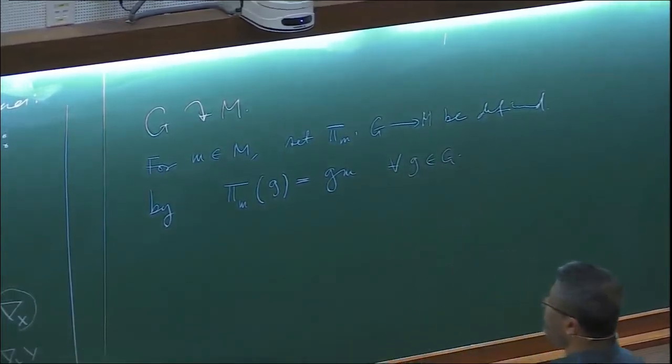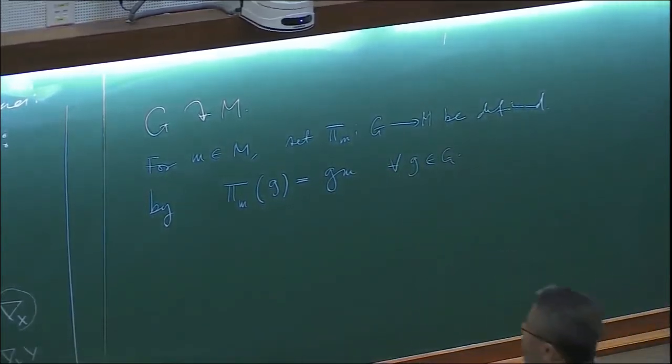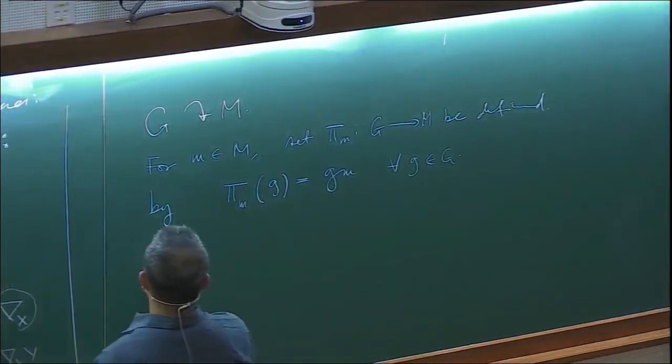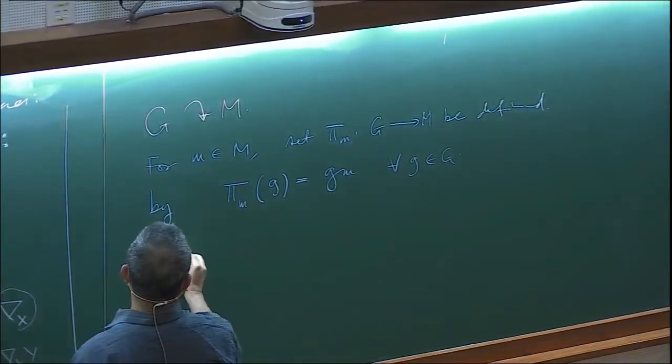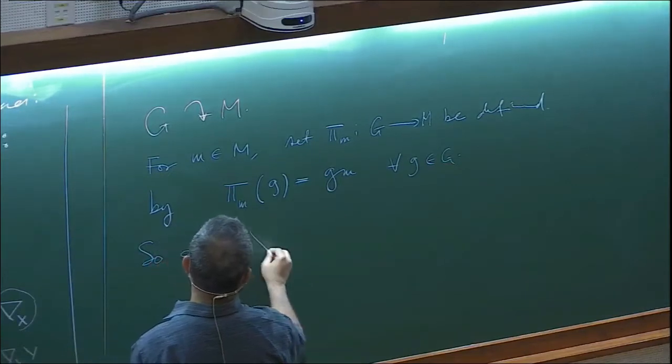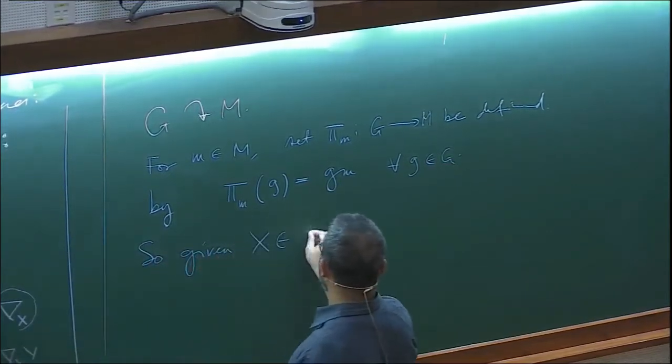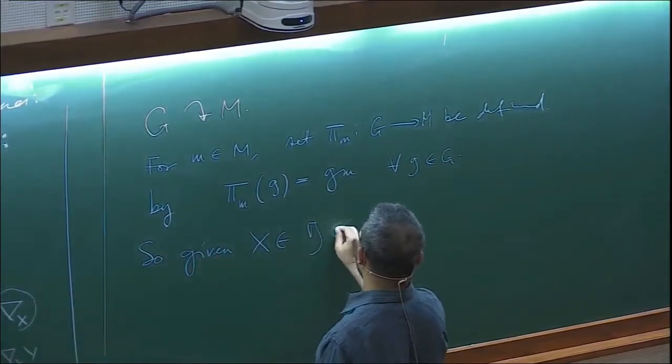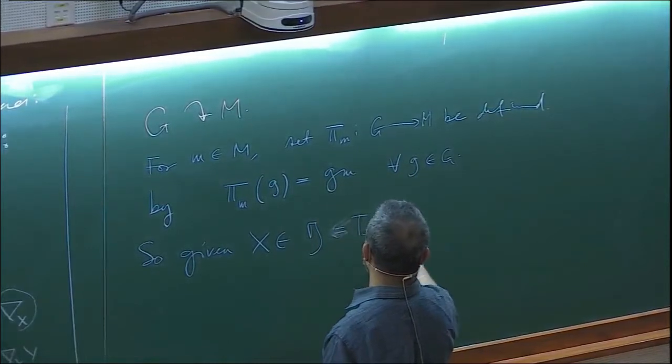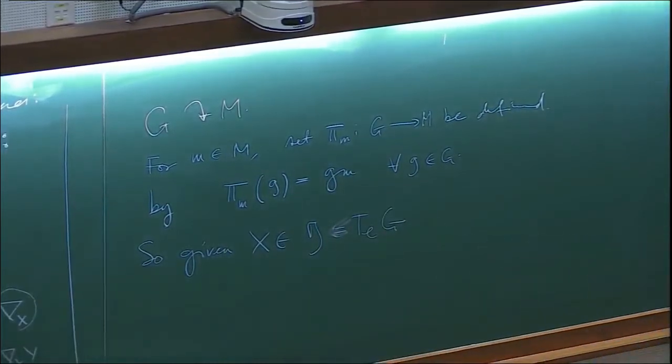This is certainly a smooth map, and so, given X in the Lie algebra of G, I can produce vector fields over M as follows.